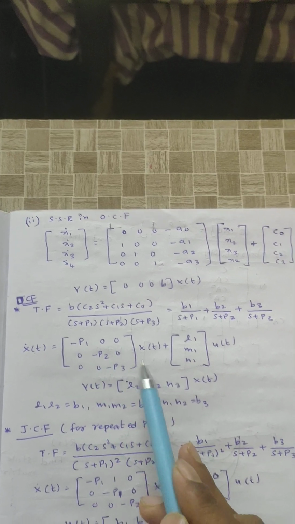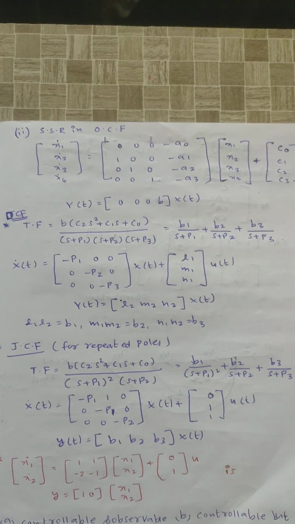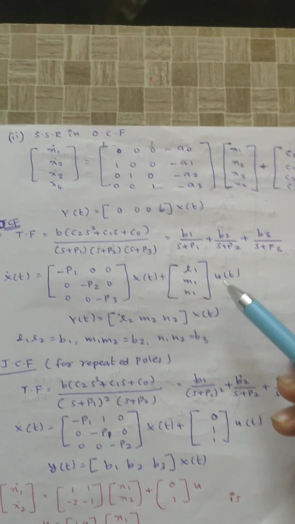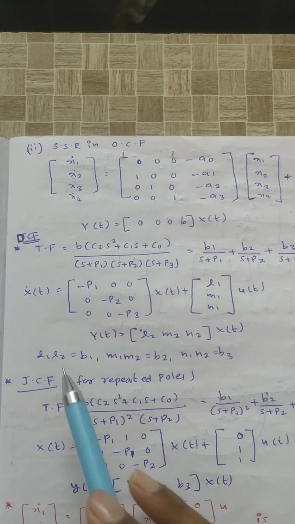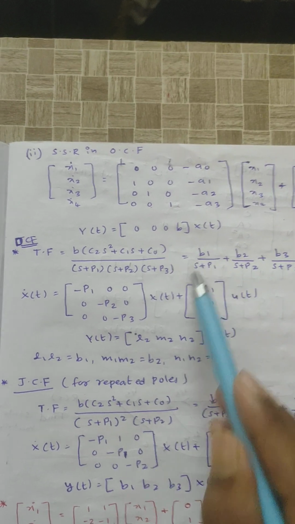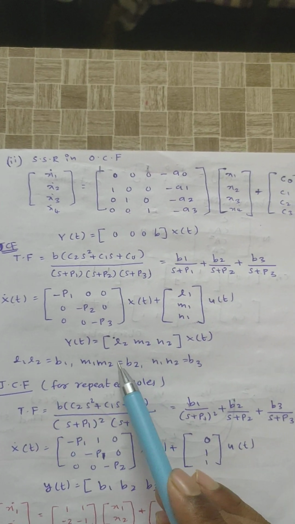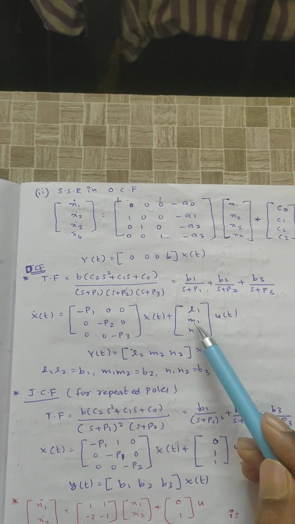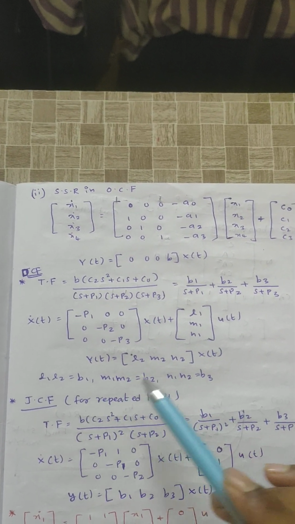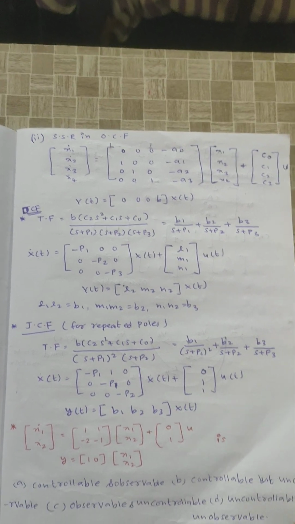In this way you will get the matrix. In this way we can represent the given equation with L1, M1, N1, L2, M2, N2. That is, B1 is equal to L1, L2, M1, M2 is equal to B2, B3 is equal to N1, N2. From these equations we can calculate all those values.